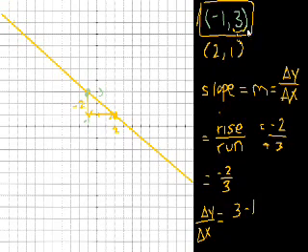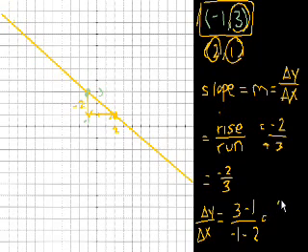You see that? We just took 3 minus 1, so that's the change in y, over, and we take the first x point, -1, minus the second x point, -2. So 3 minus 1 is 2, and -1 minus 2 is equal to -3. So same thing, we got -2 over 3.